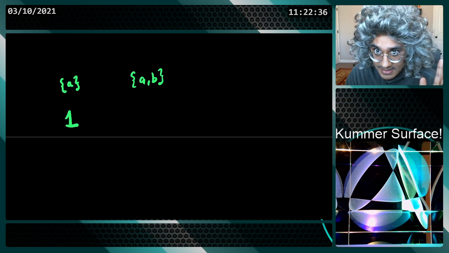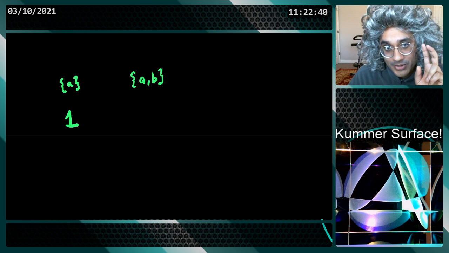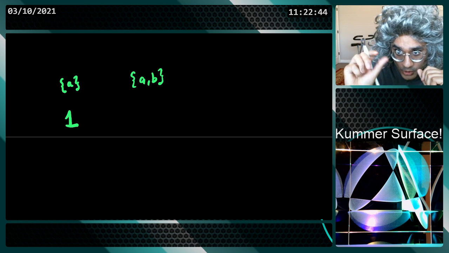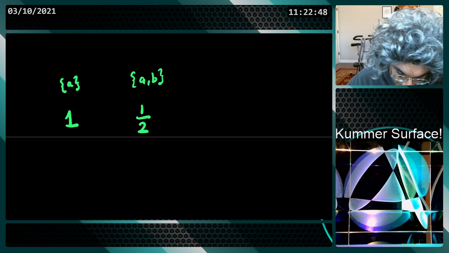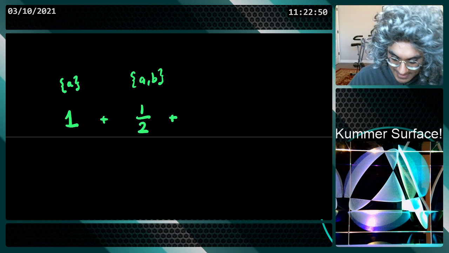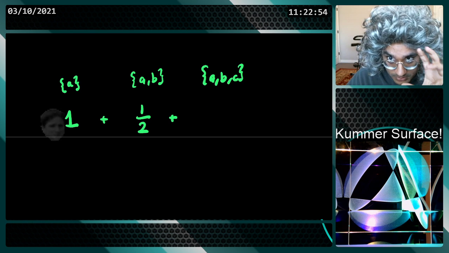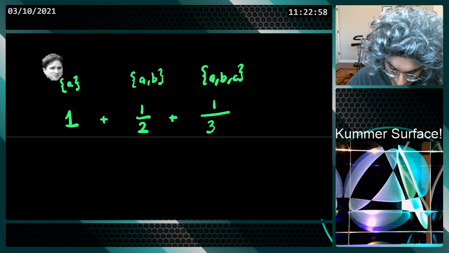There's only one set that has two elements. However, you don't know whether it's A comma B or B comma A. So it's overcounting if you put it this way or that way. You get like 1/2. And the number of sets counted without factoring out overcounting is this many.